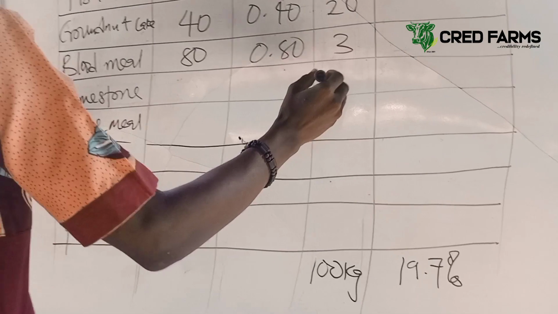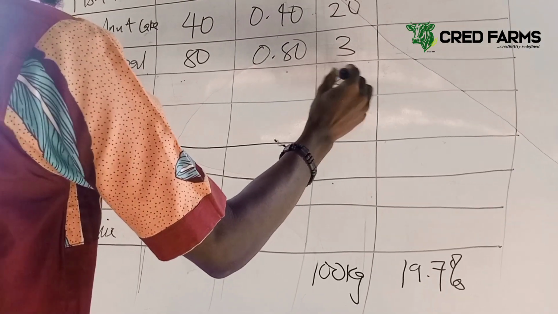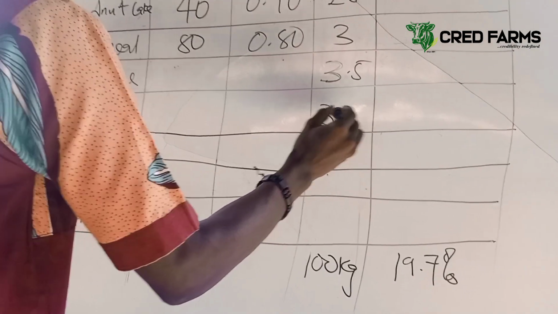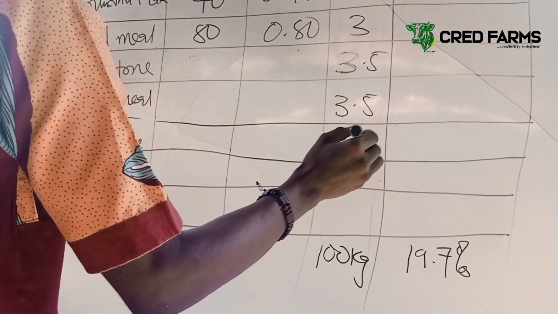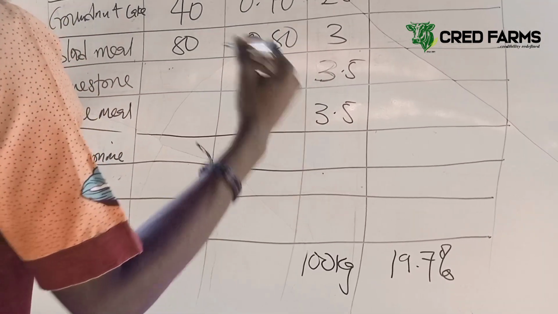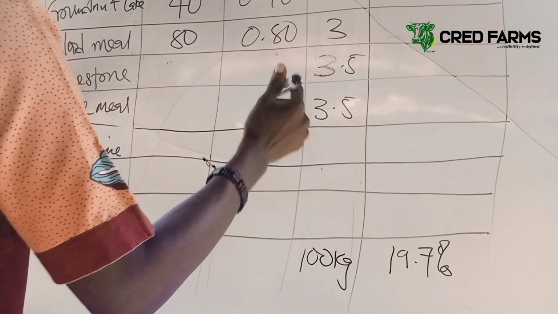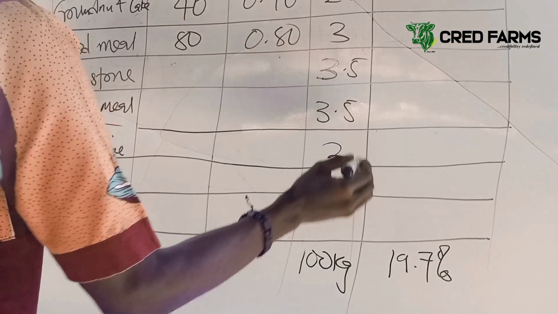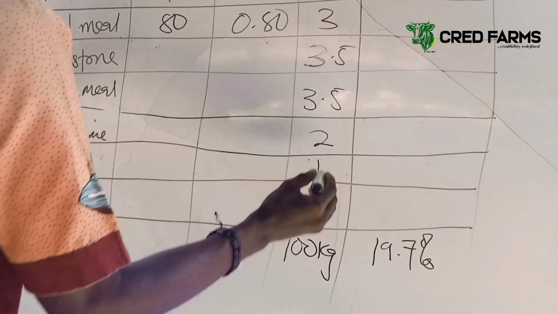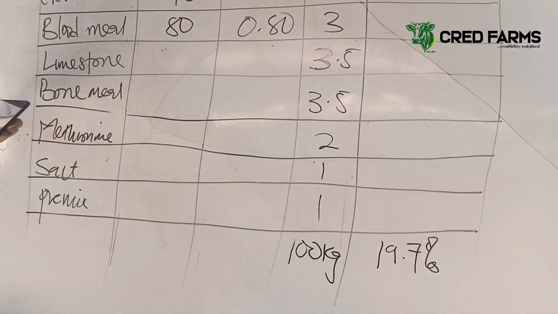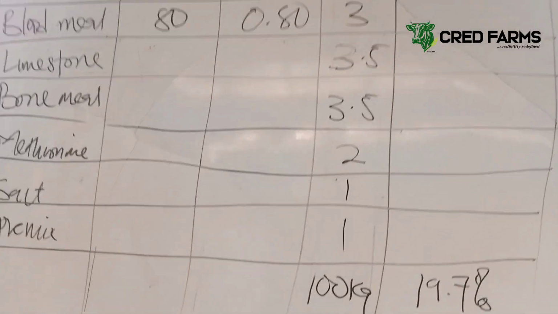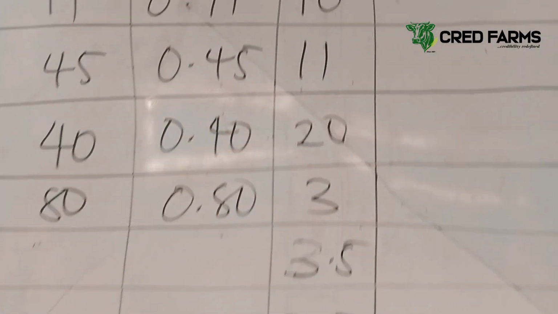Then also 3.5, 3.5, 3.5, because we're dealing with layers, so they need a lot of calcium. So we have methionine, put 2 here. We have 1 for salt, 1 kg for premix. So if you add all this up, it's going to give you exactly 100.